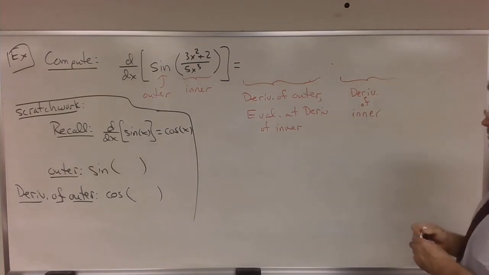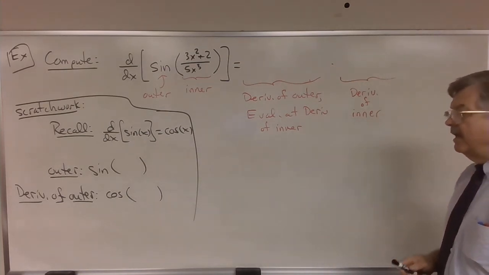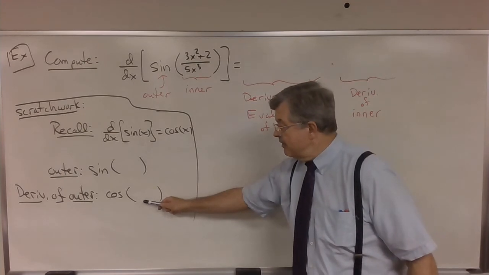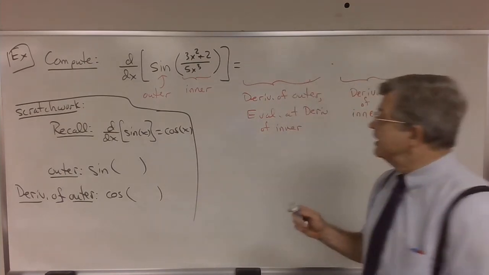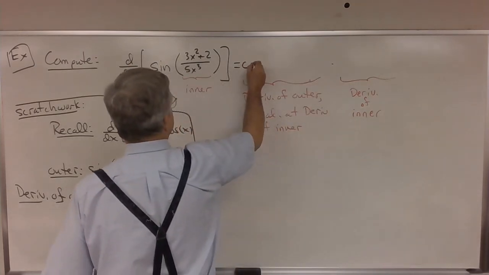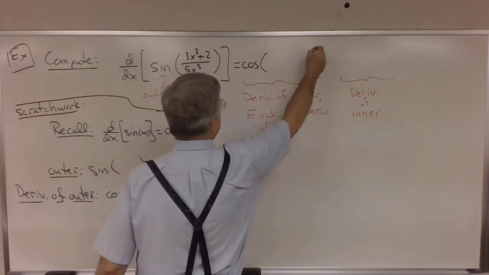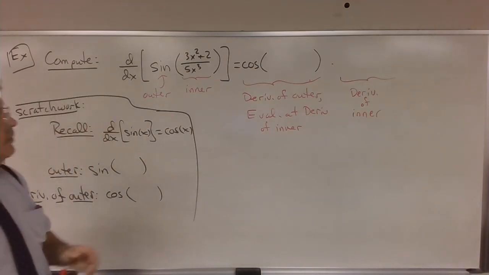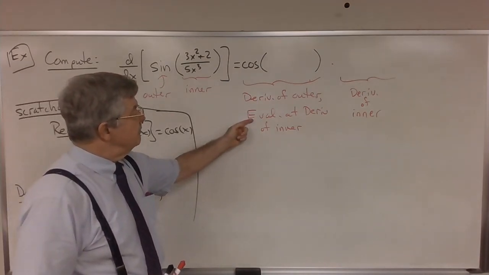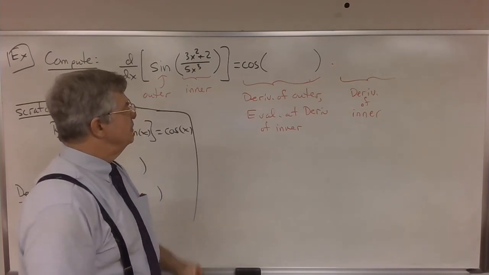So that's what I'm supposed to get. And I know the derivative of the outer function. It's cosine evaluated at something. So here's derivative of the outer, cosine evaluated at something. And we evaluate this, whoops.